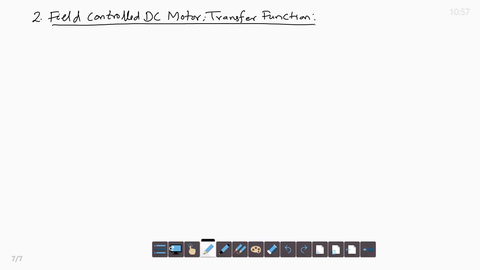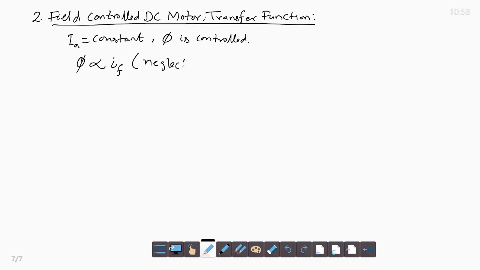In field control DC motor, armature current IA is constant and phi is controlled. So, phi is proportional to field current IF, neglecting the saturation and residual flux.